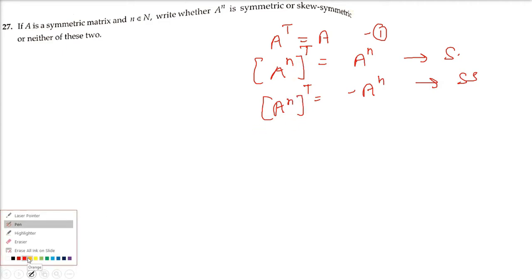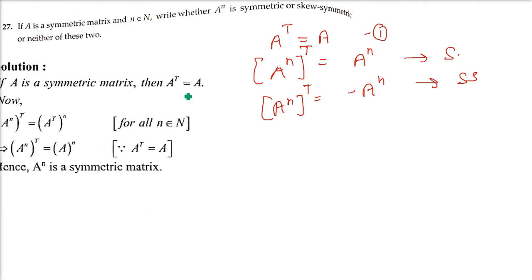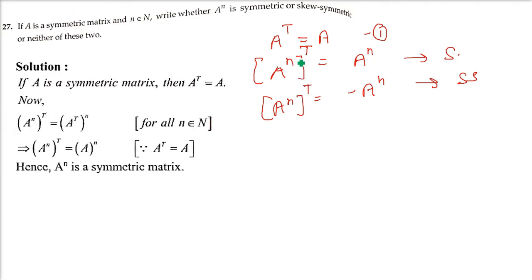Now let us come back to the question. Only A transpose equals A is given. So the step is like this. We will take the transpose. So as I told you, if you take the power and then do the transpose, or if you do the transpose and then take the power, it doesn't matter. So you can write A raised n transpose. So A raised n transpose can be written as A transpose to the power n.